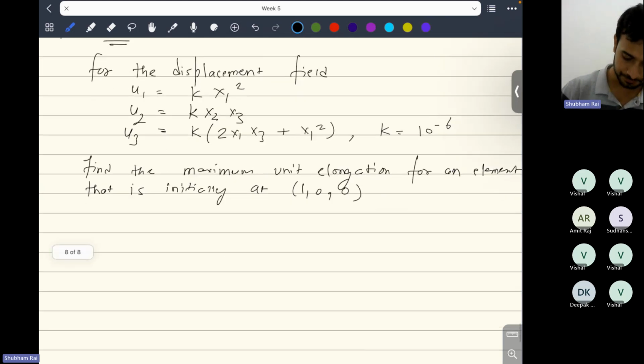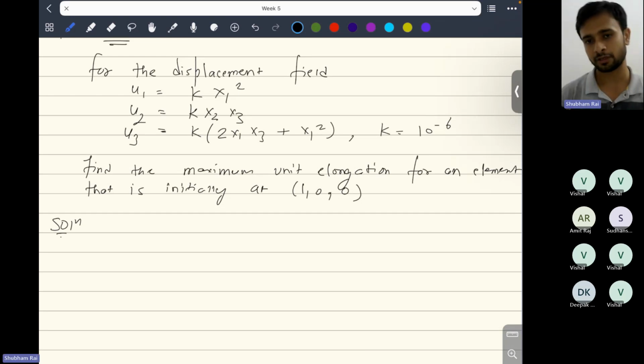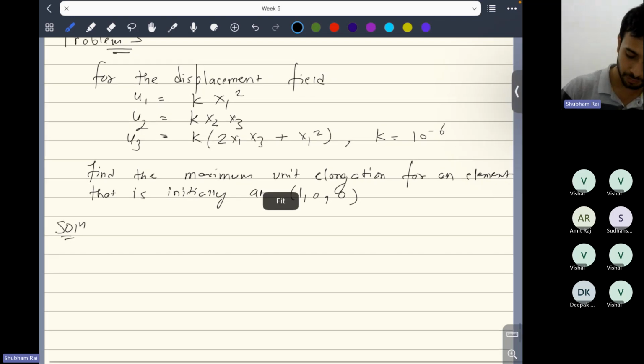So in order to find the principal values of the strain tensor, you need to find the strain tensor itself first. Then you do eigenvalue analysis, and the eigenvalues of that strain tensor will give you the principal values, and the maximum among those will give you the maximum unit elongation. So let me find the strain tensor first.